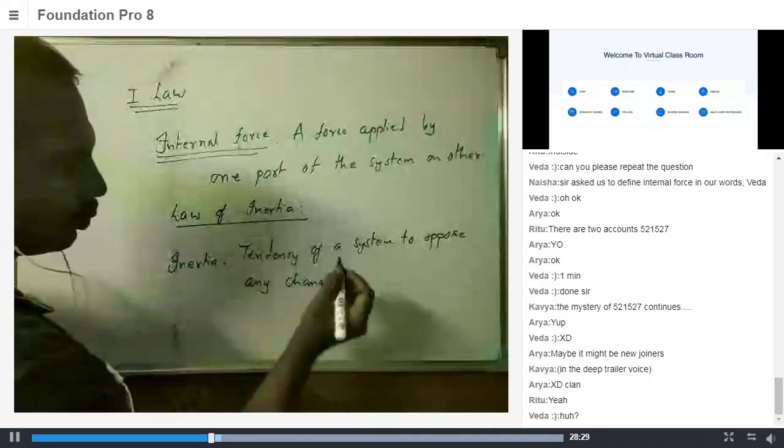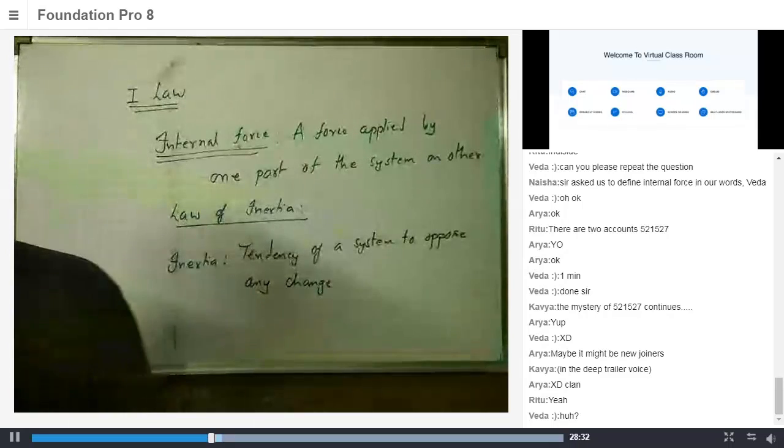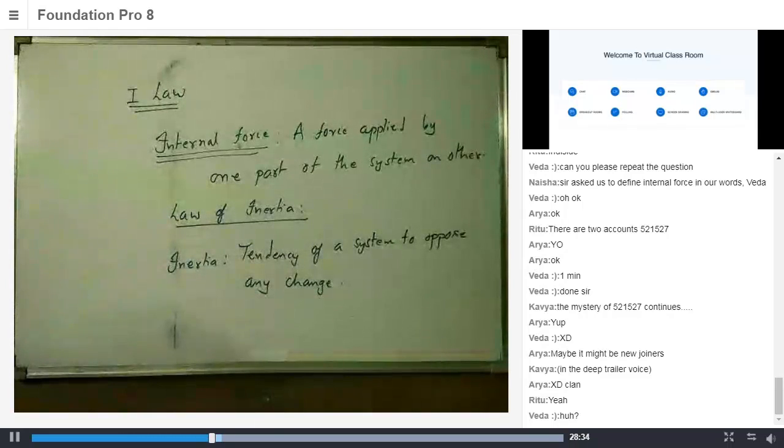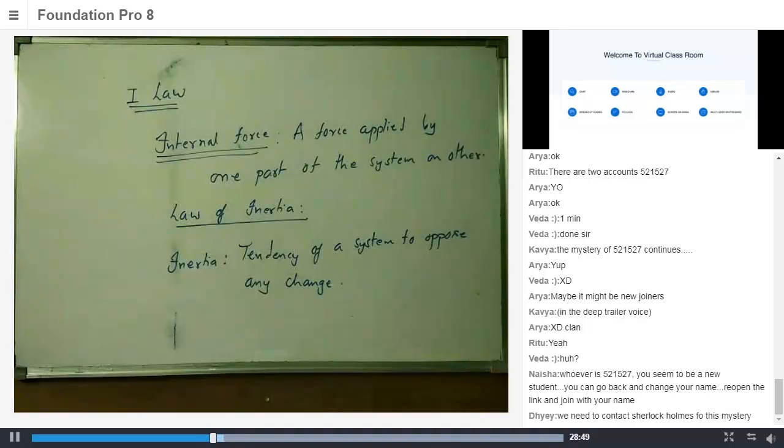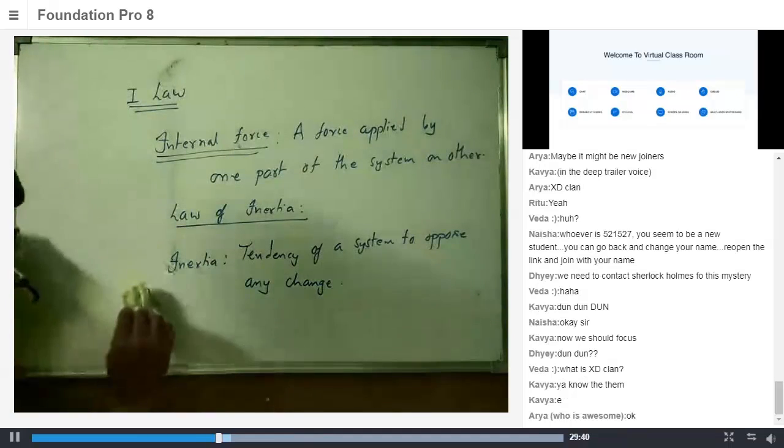Let's generalize it, then we'll go for each specific thing. What you said is right. So, the tendency of a system to oppose any change is called inertia. Got it? So this is inertia.